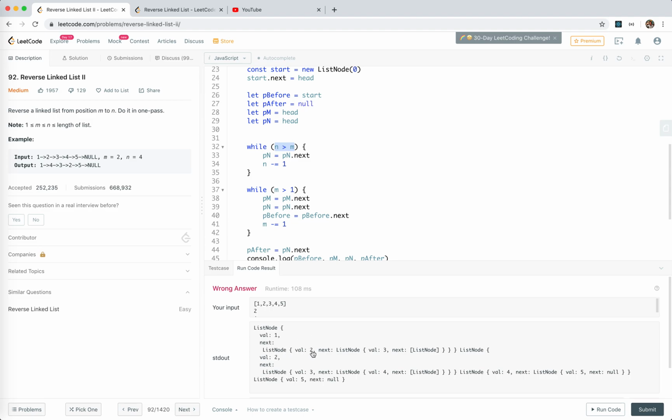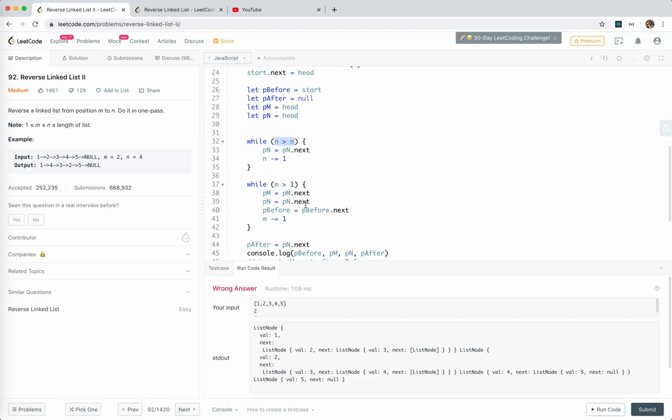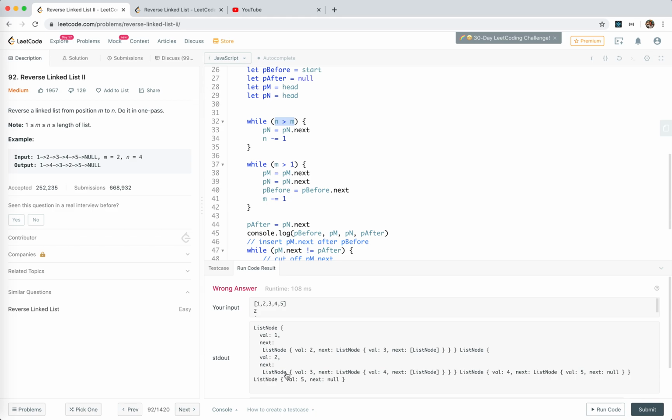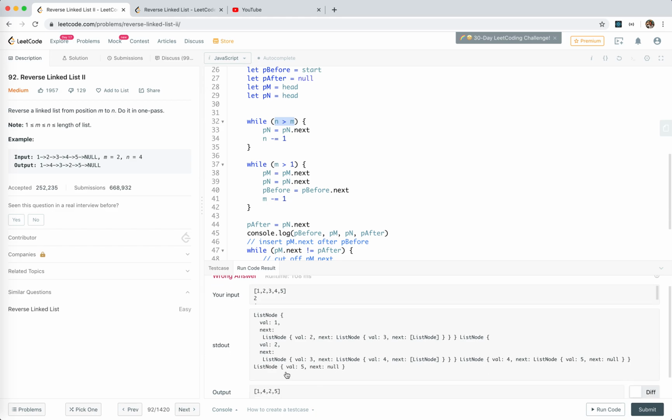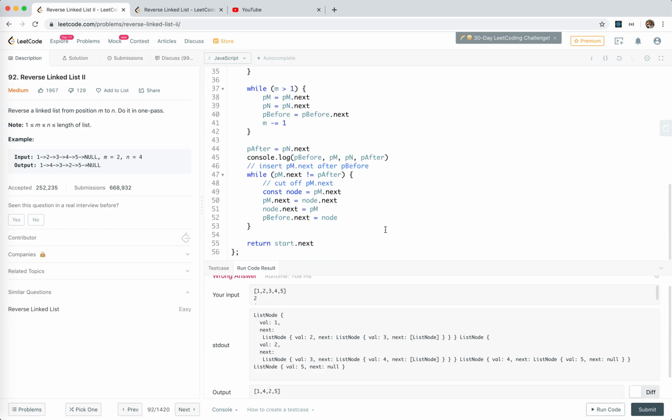One pivot for each one, okay? PM is 2, okay? Okay, PM is 4, okay? It's 5, okay, there's no problem here. There's a problem here. PM is not after.